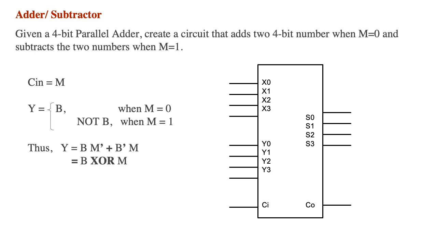So if you have an expression that says b m bar or b bar m, then this is exactly the output of the XOR gate that takes b and m as inputs. So you can say that y is equal to b XOR m. So we will need a total of 4 XOR gates to implement the adder / subtractor for a 4-bit circuit.